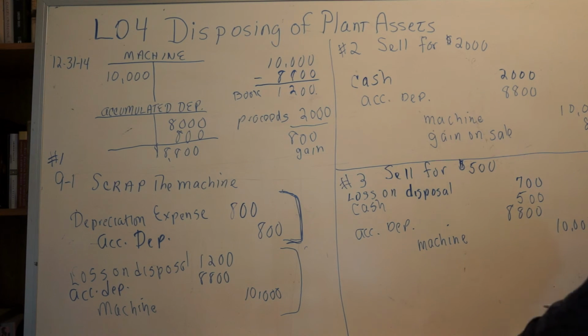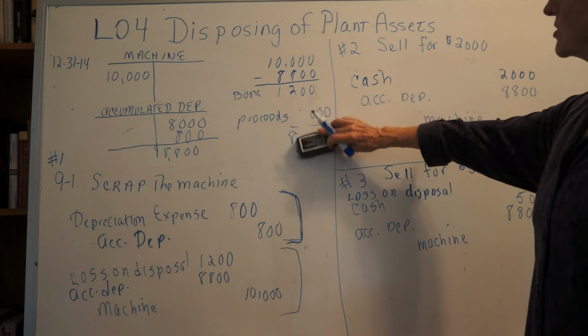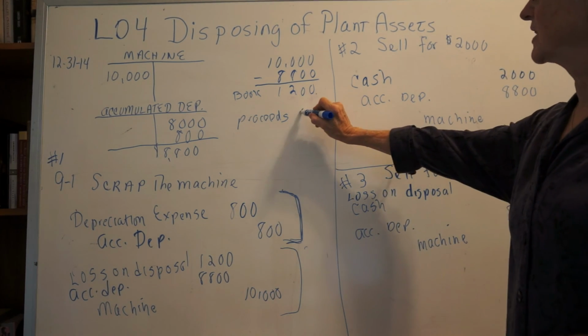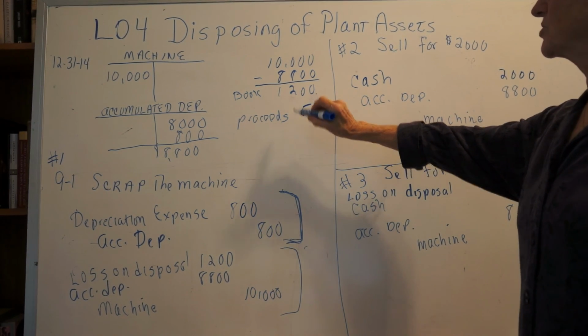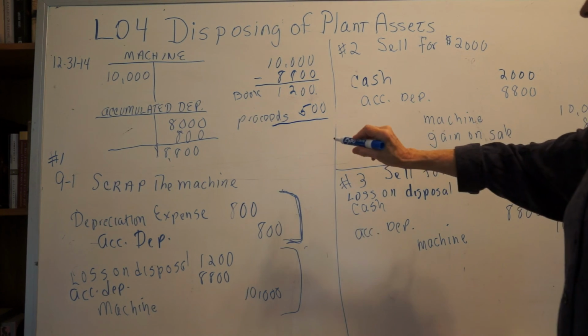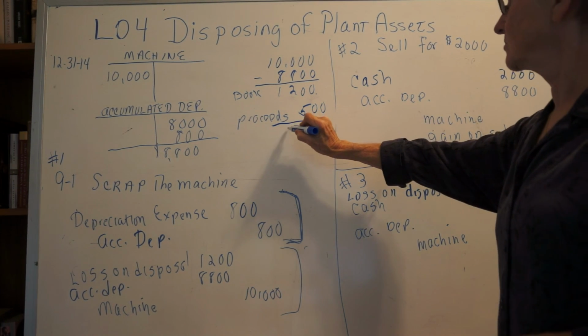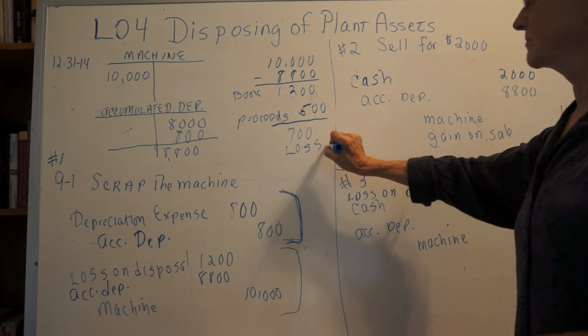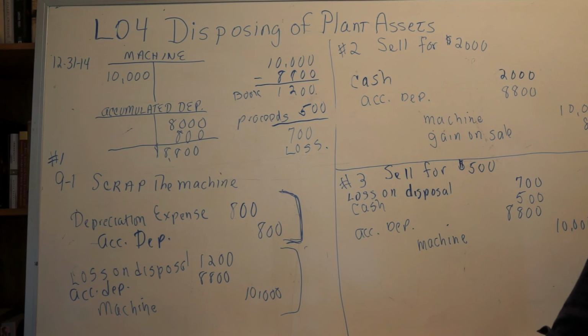And if we wanted to see how that works, our book value is still the $1,200, but now we only get $500. Proceeds less than the book value, and so that gives us our loss of $700. Okay, so that's really what you need to know about disposing of plant assets.